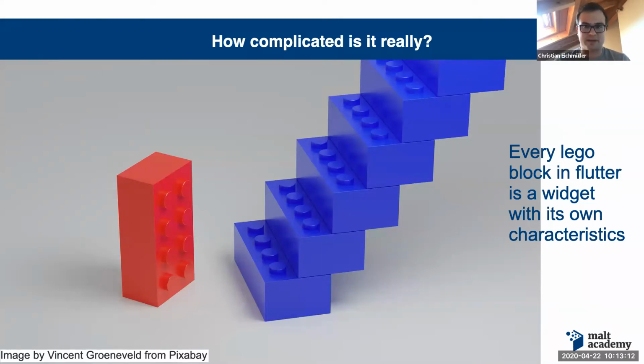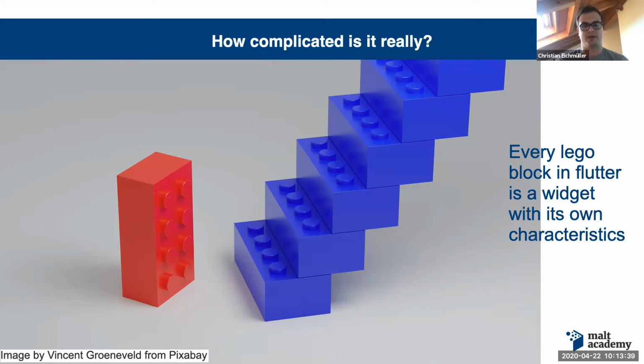This is the same in Flutter. In Flutter, there could be, for example, a container which has the characteristic red and which will be shown in the screen as red. And it can also be shown in the screen as blue. So because everything in Flutter is a widget, and every widget has its own characteristics, you can simply customize your app the way you want it to look.